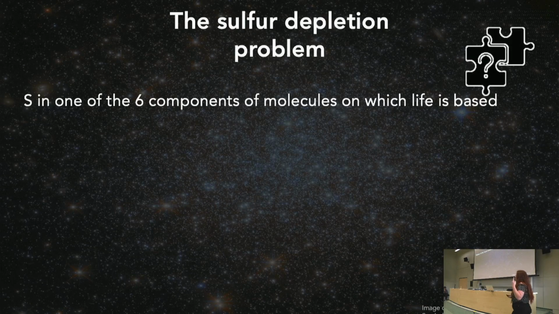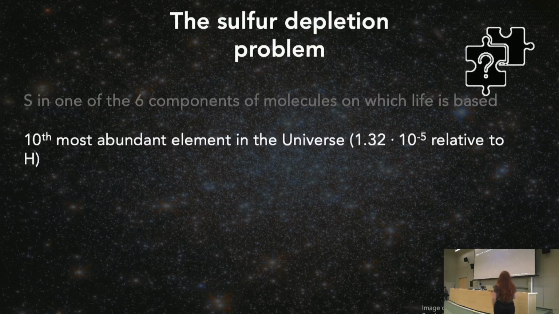Now, one small piece of this huge puzzle is the sulfur depletion problem. So this is something that has been challenging the astrochemistry community for a while. Why do we care about sulfur? So sulfur is one of the main 6 components of life as we know it. So it's part of proteins, of sugars, vitamins, so it's quite important.